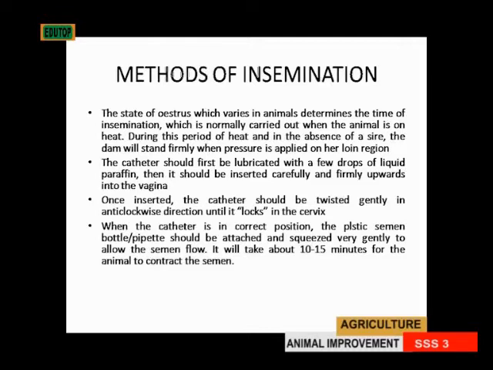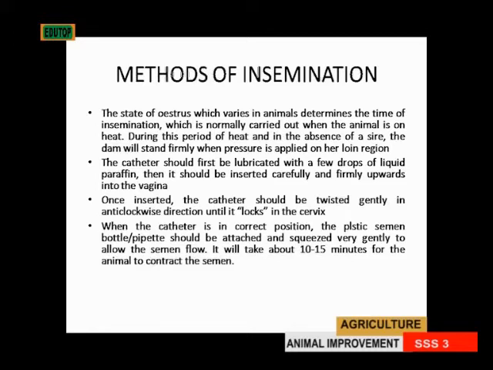During this period, the male animal must be absent. For artificial insemination to be possible, the sire, that is the male animal, must not be there when the female animal is on heat.